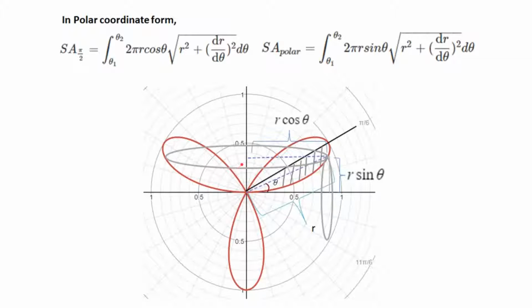The next step is to find the r, which is r cosine theta. Since we know the arc length, we can write the formula as 2 pi r cosine theta times the square root of r squared plus dr over d theta squared d theta. The same goes for rotating around the polar axis, where the radius of this sigma is r sine theta.